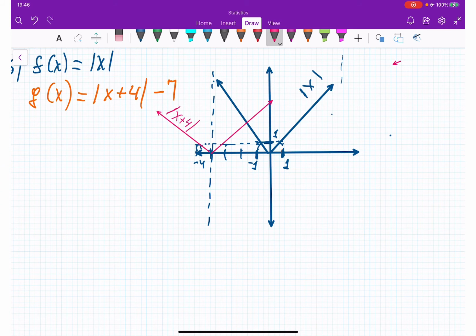So the entire graph I'm dropping down by 7, which is going to be 1, 2, 3, 4, 5, 6, 7.